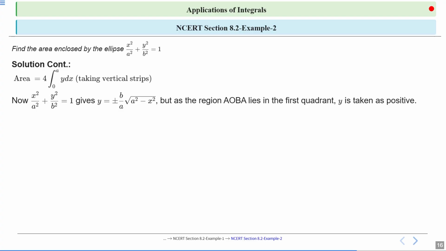So we write y in terms of x. But as the region AOBA lies in the first quadrant, y is taken as positive. Clear? So we take y as plus b by a root under a square minus x square.